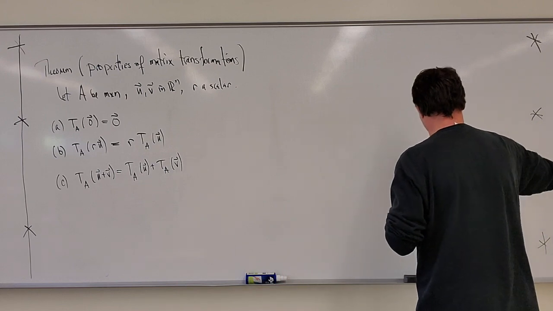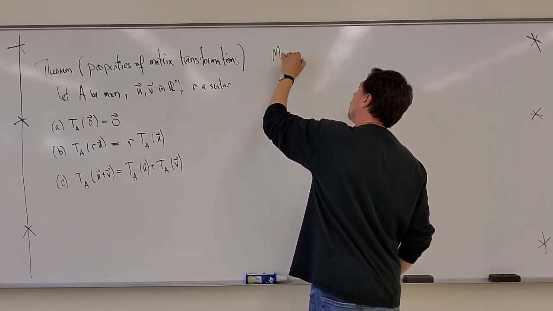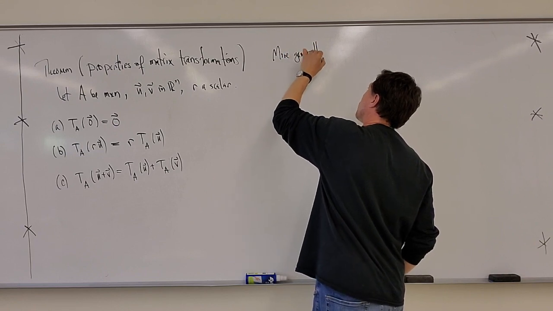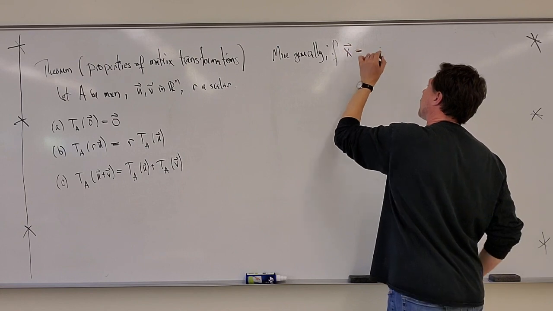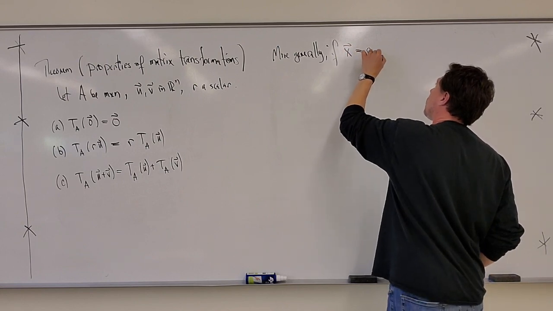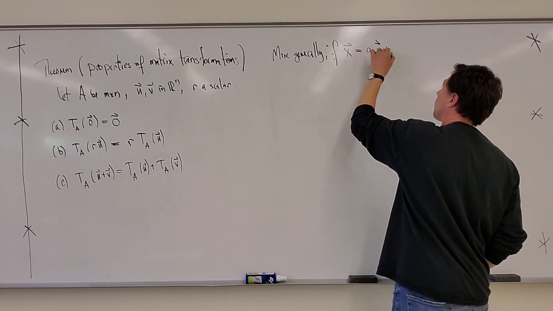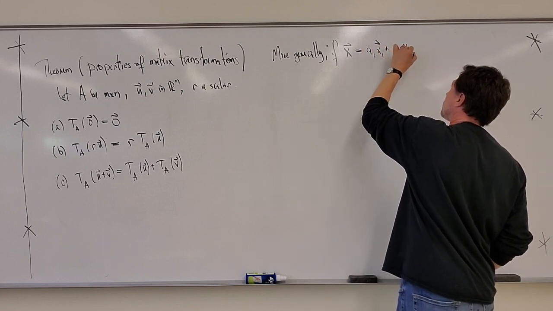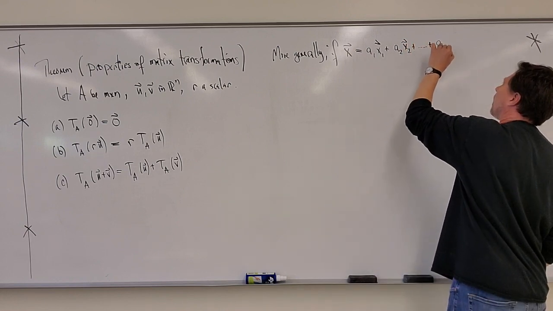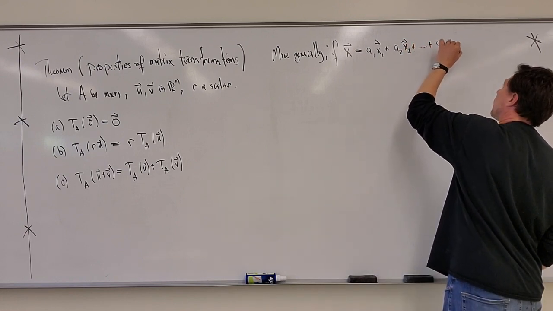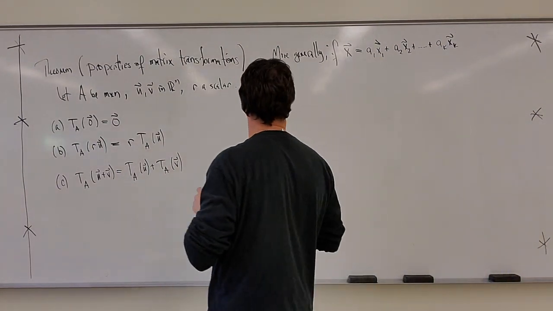So a more general fact, and this is important. So more generally, if we have the vector a expressed as a1 times some vector x1 plus a2 times some vector x2 plus ... and we have a sub k times x sub k. Remember what we called this? We called this a linear combination, right?